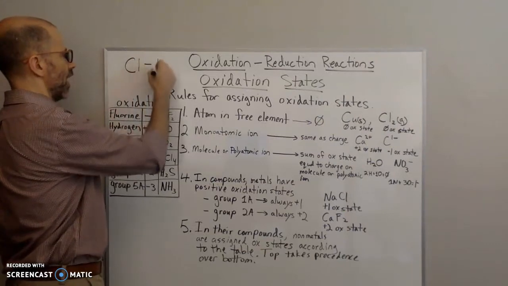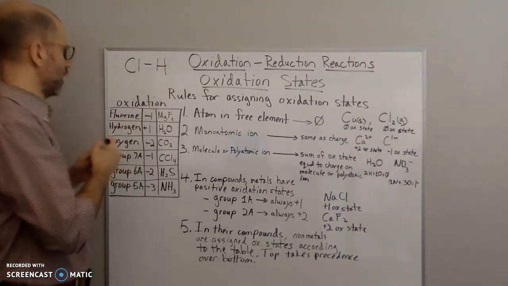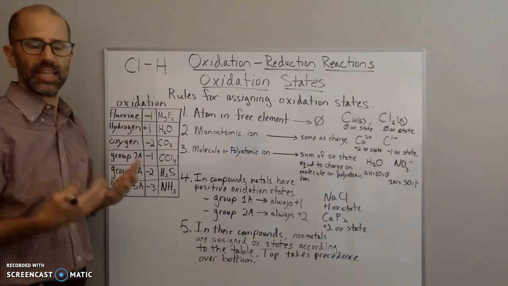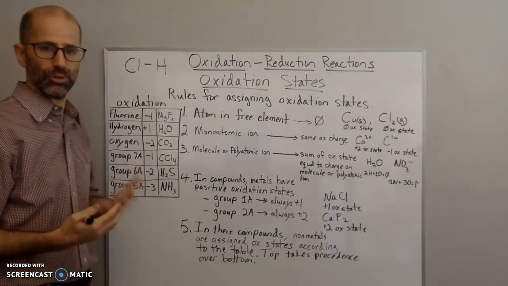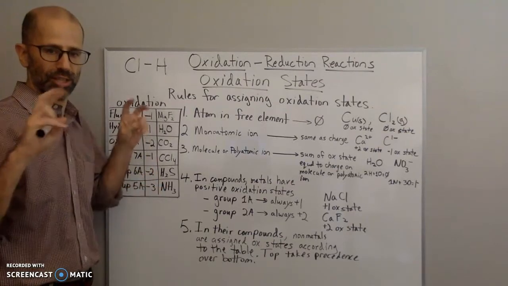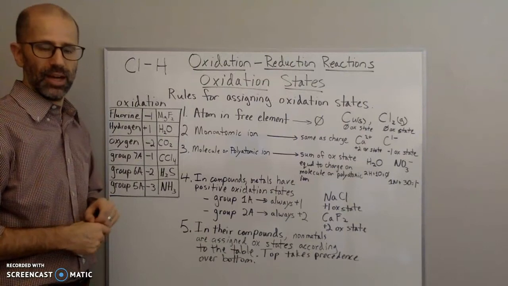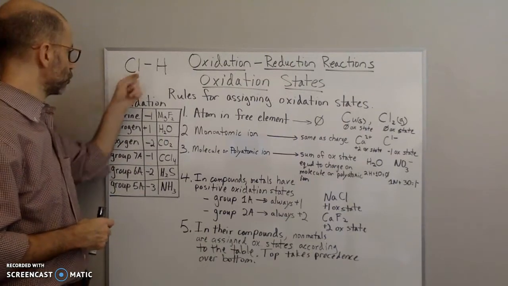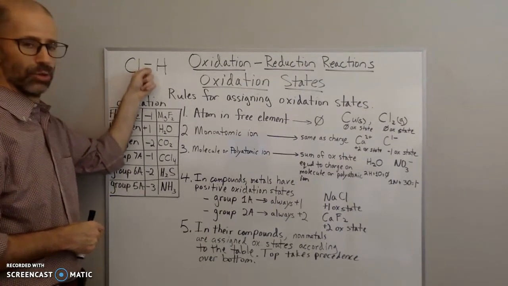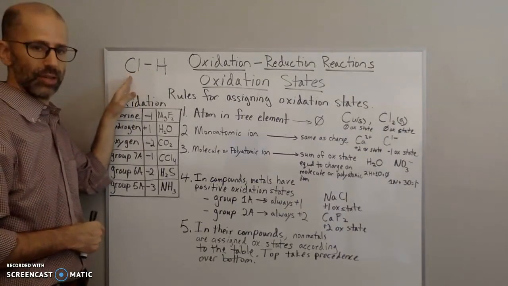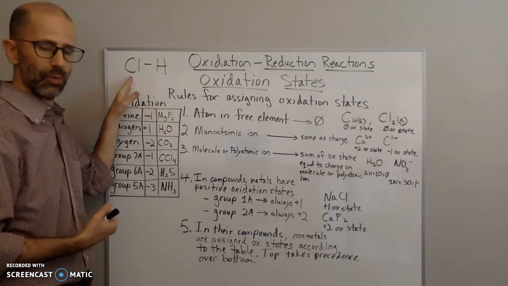So, for example, if you have chlorine and hydrogen bonded together, then the scheme that is used to determine the charge on the elements is that you assume that we have two electrons in the bond. Since chlorine wants the electrons more, it's going to attract the electrons more.